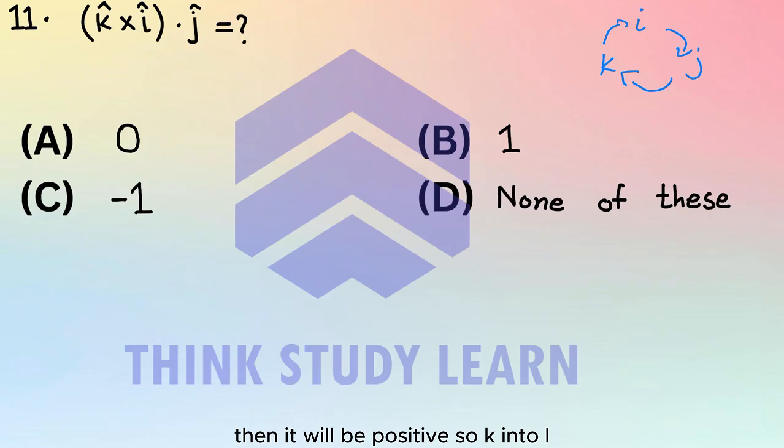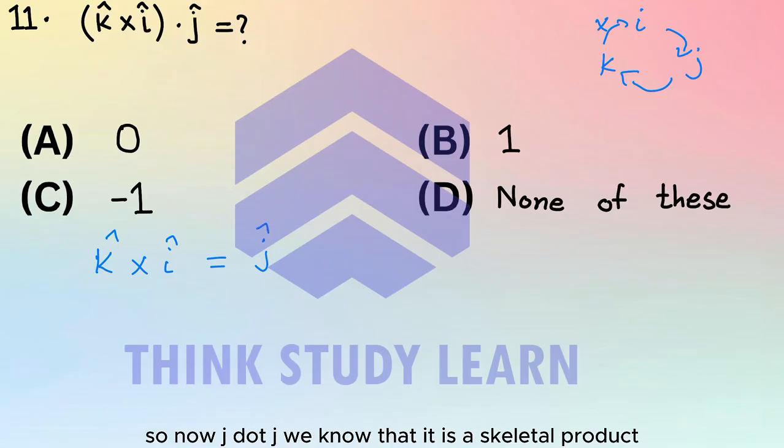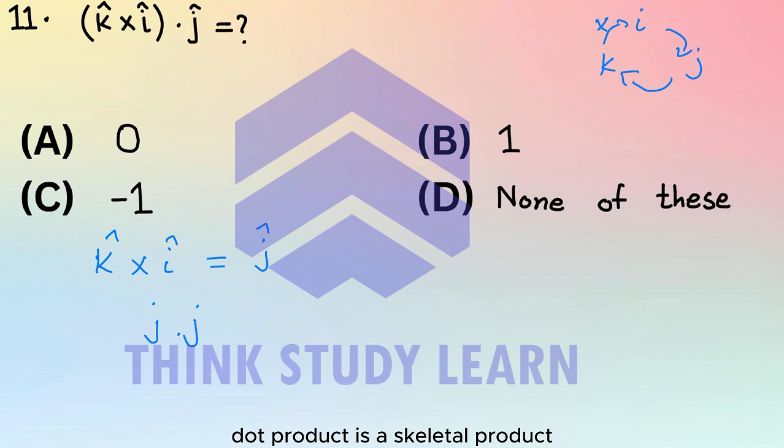So k into i, when multiplied according to the formula, will give us a j vector. So it will be equal to j vector. Now j dot j, we know that dot product is a scalar product. So j dot j will be equal to 1. So B option is the right answer.